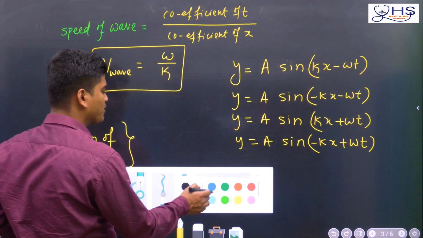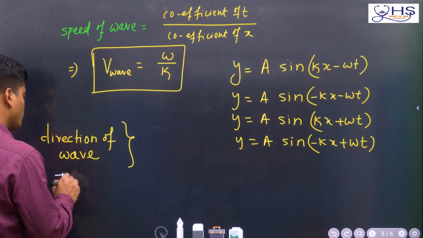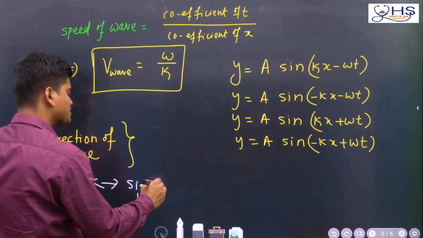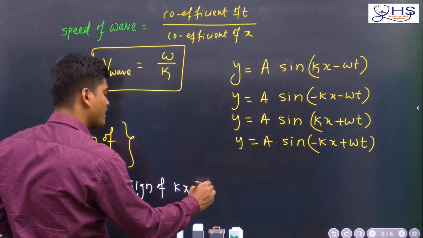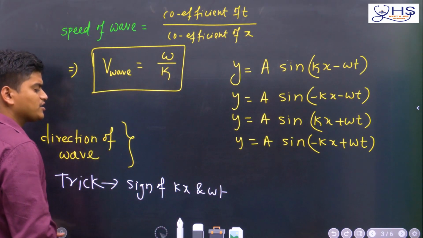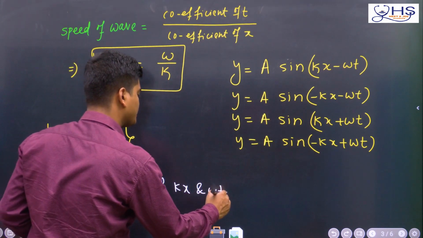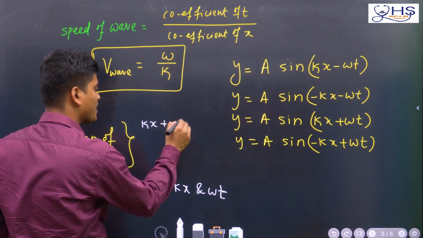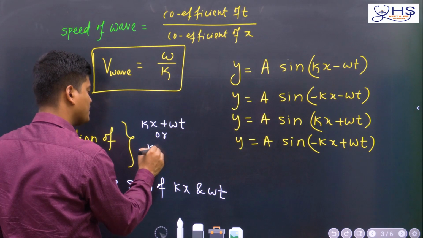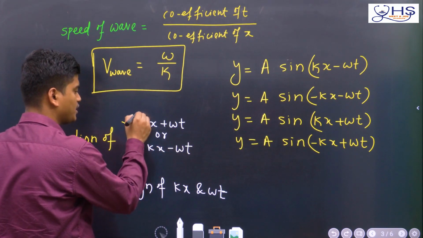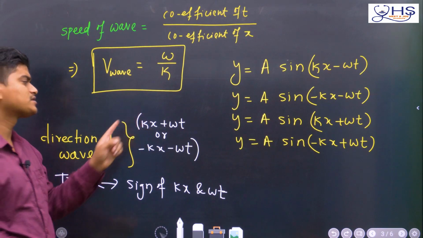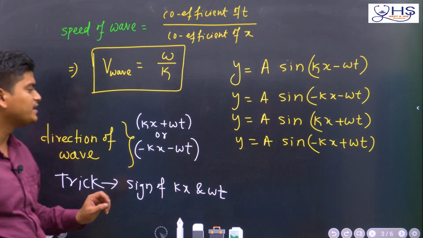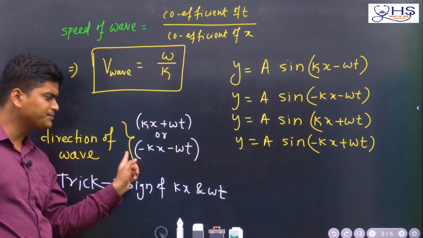Now see, remember a short trick here. So what is the trick? You have to check the sign of kx and omega t. Now see, if it is the same sign, that means kx plus omega t or minus kx minus omega t, that means kx and omega t both have the same sign, positive positive or negative negative.